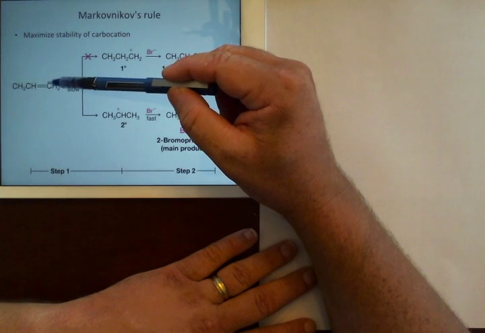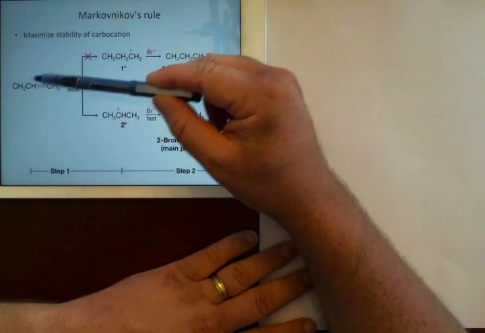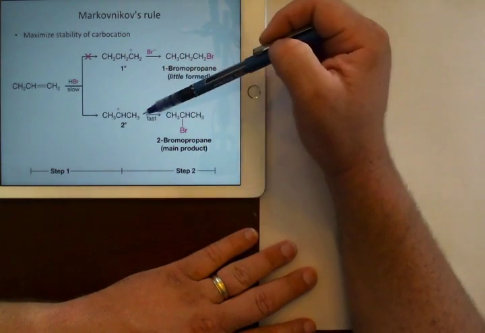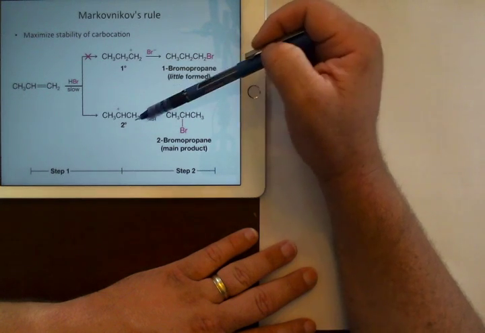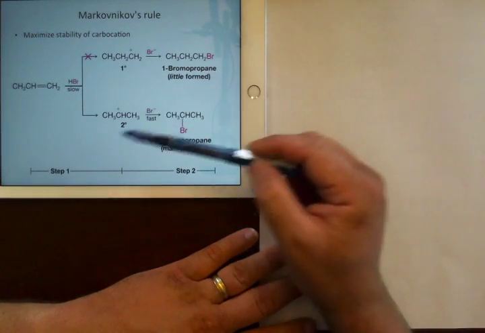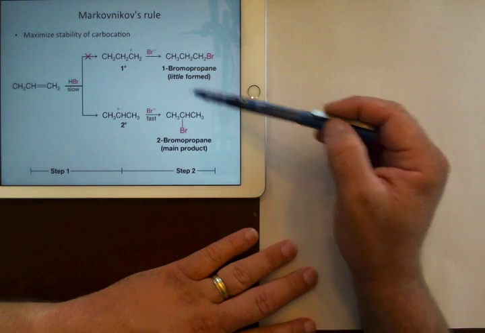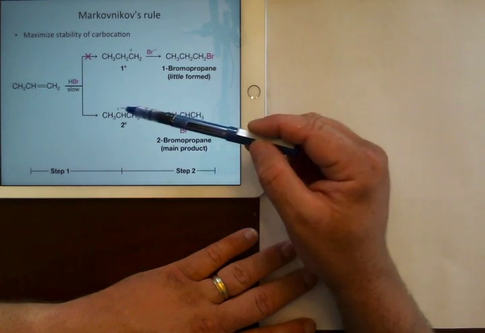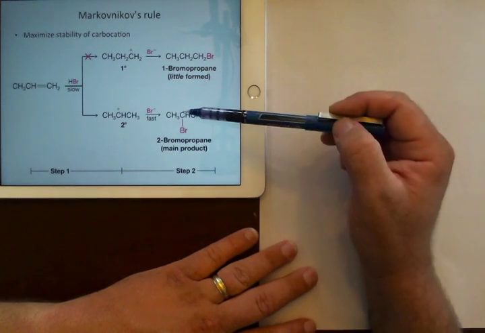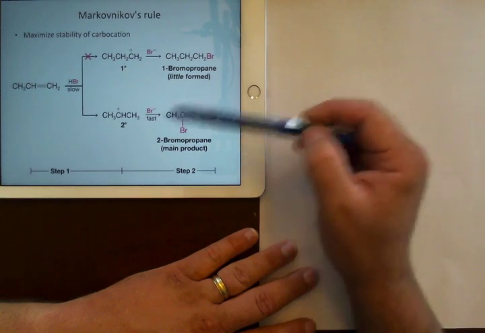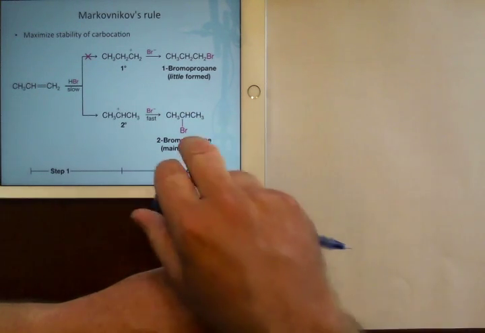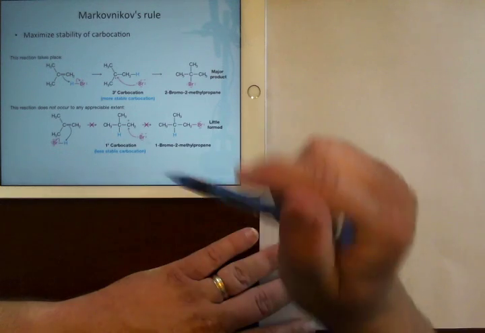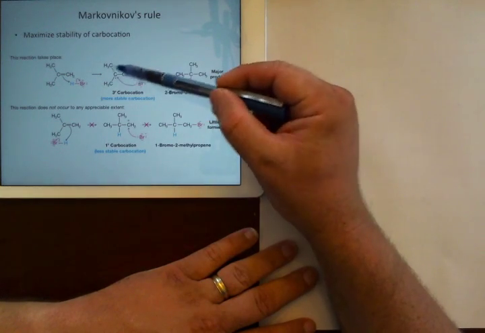If you put the hydrogen on the right side here, this would make a secondary carbocation, which is going to be a lot more stable. So there's going to be a lot more of this around for the bromide to come in and attack to make the 2-bromopentane. That's going to be the main product. It's all about maximizing that carbocation stability.